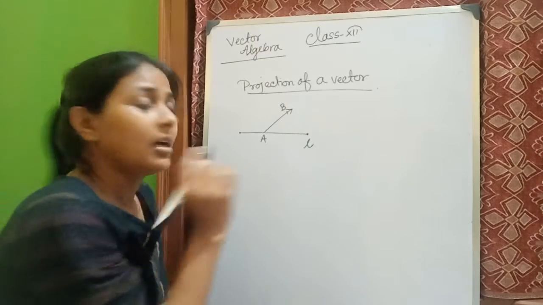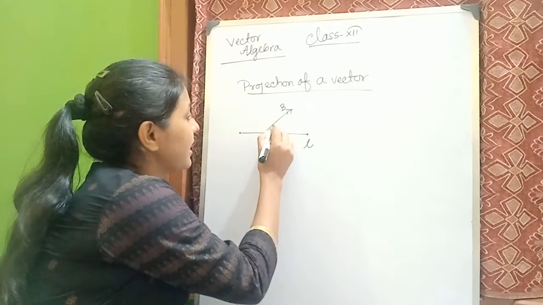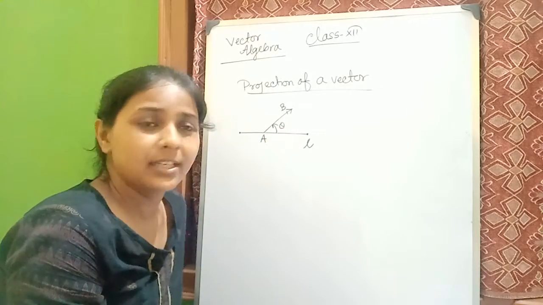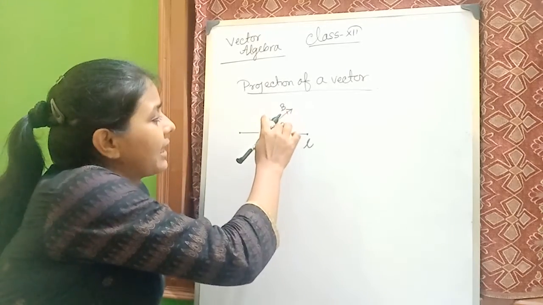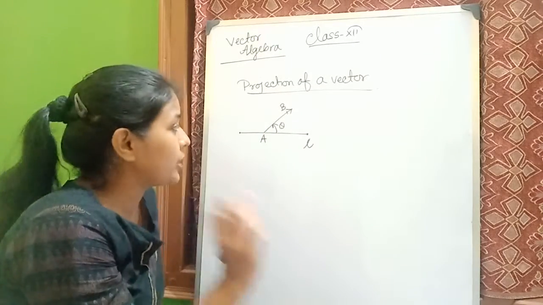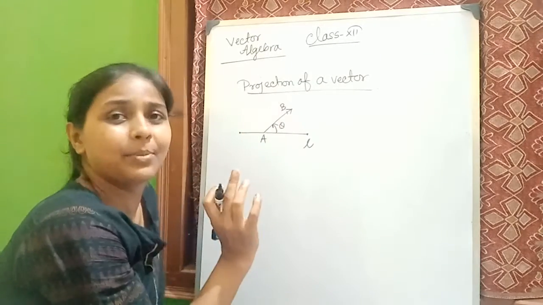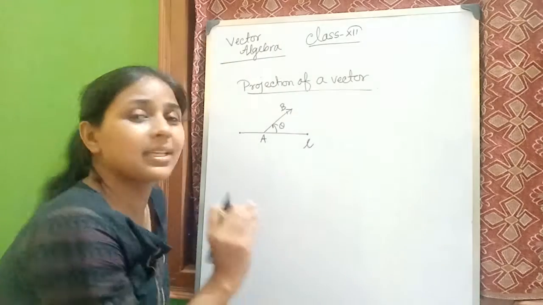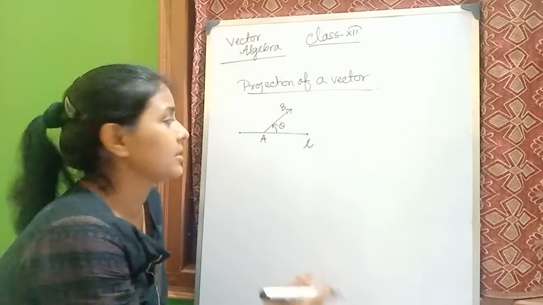This angle is theta. That means AB is a vector making the angle theta with a line. We will be finding the projection of the vector AB on this line L. Okay, this is our task.